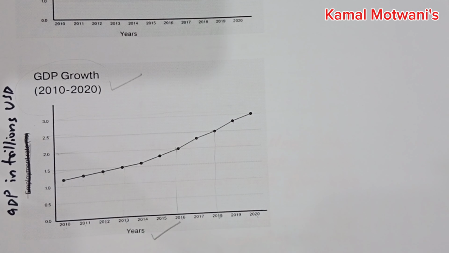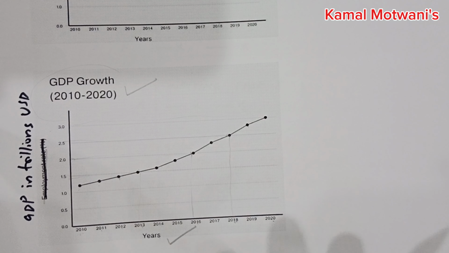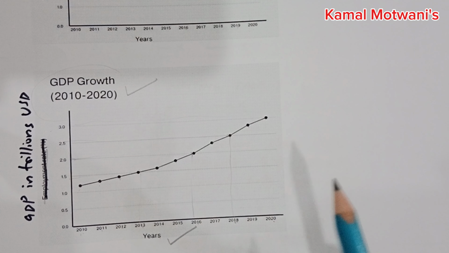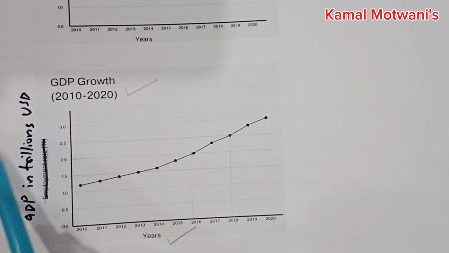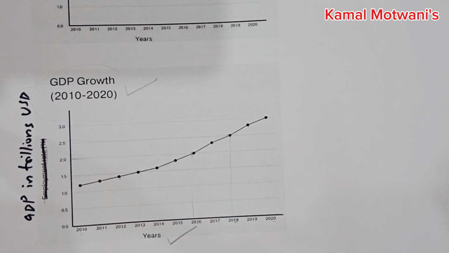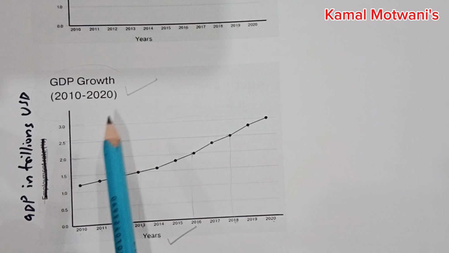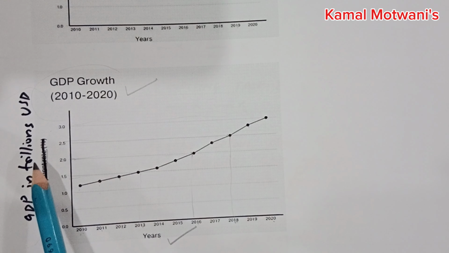Okay, by analyzing these figures, we again come to know that there is not even a single period of time where the GDP has gone down. So again, the graph of GDP growth in trillion US dollars from 2010 to 2020 follows an upward trend without any fluctuation.